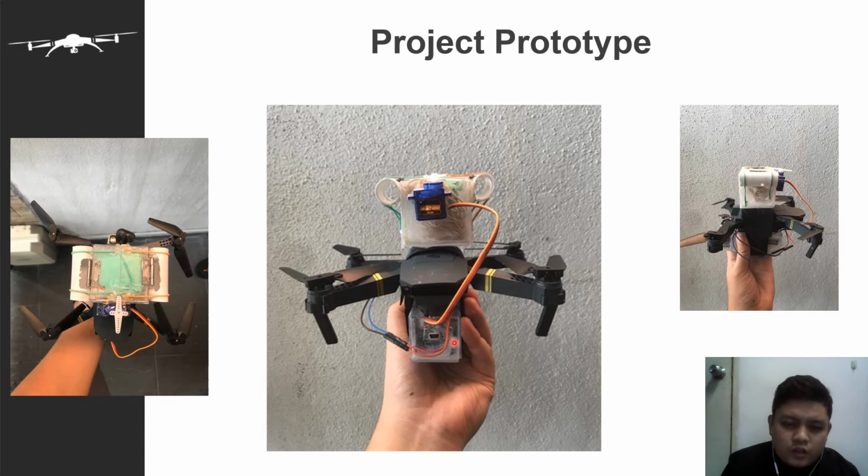For the drone and the circuit casing, we attach using Velcro strip, and for the drone and the parachute casing, we attach using 3-second glue. This one is the top view, front view, and side view.